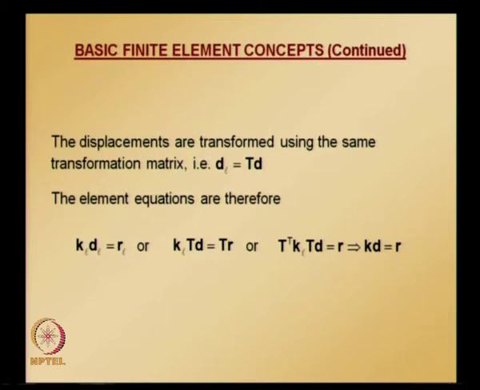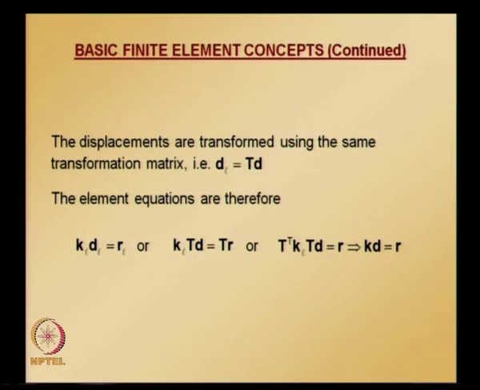DL is substituted, DL is equal to TD is substituted, and both left hand side and right hand side are multiplied with T transpose, and K is defined as T transpose KL T, and then finally it can be written as KD equal to R. K is equal to T transpose KL T.